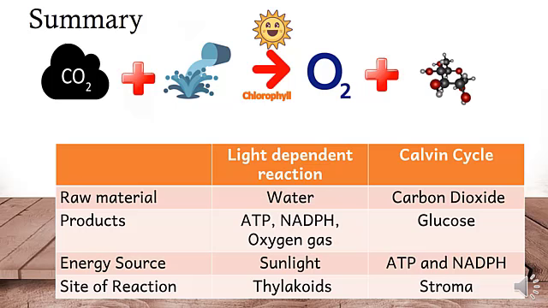Energy source. Light-dependent reaction, sunlight. In Calvin's cycle, we have ATP and NADPH as the energy source. Light-dependent reaction site is in the thylakoids, while in Calvin's cycle, it happens in the stroma.